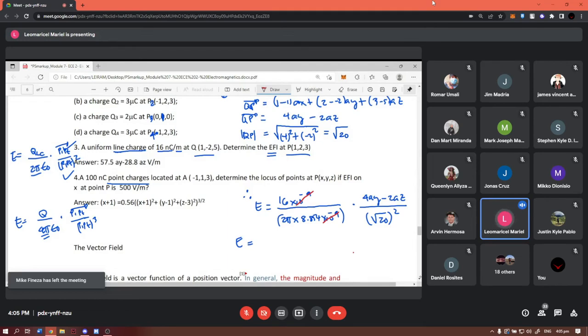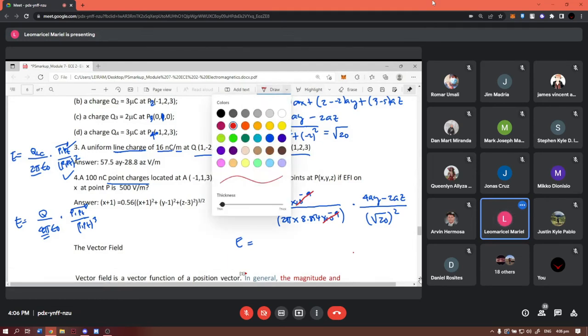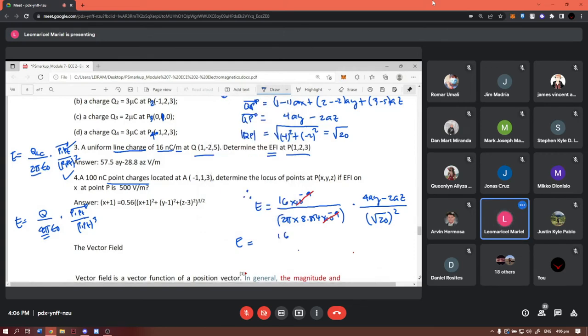Kaya ang mangyayari na lang dyan will be 16 all over 2 pi times 8.854 multiplied by 4ay minus 2az over 20.